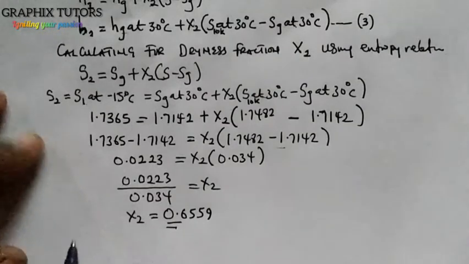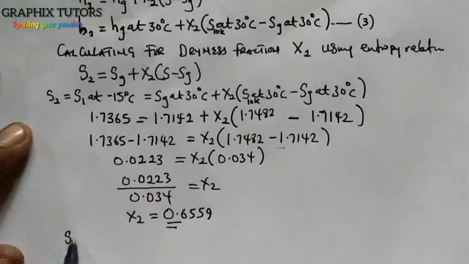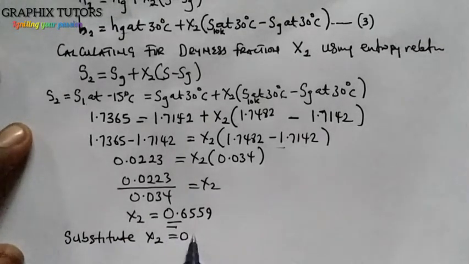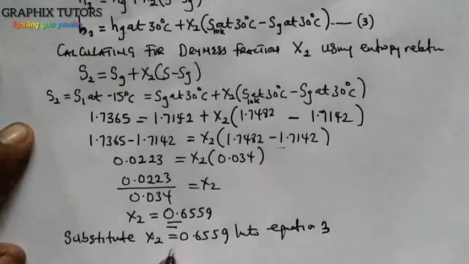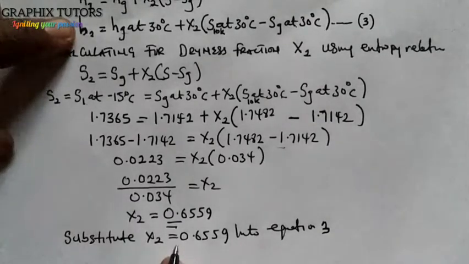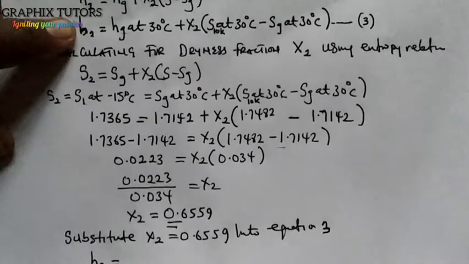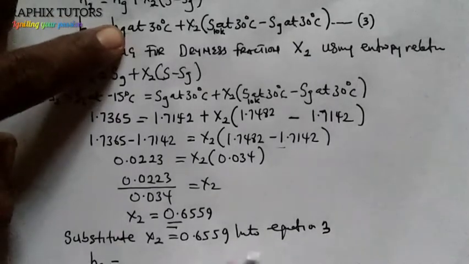So we say that substitute S2 equals 0.6559 into equation 3, right? So let's do, what's my equation 3? This is what we have here, and that is what H2 is equal to, you look at Hg at 30.